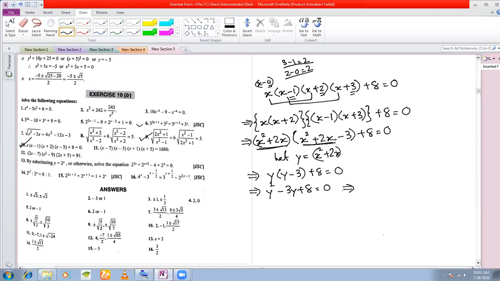Now can this be factorized? No, I don't think so. You will have to do Sridhar Acharya here.